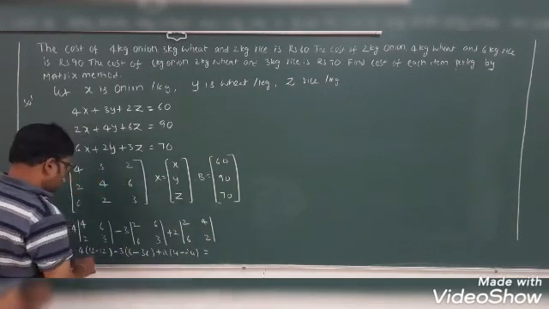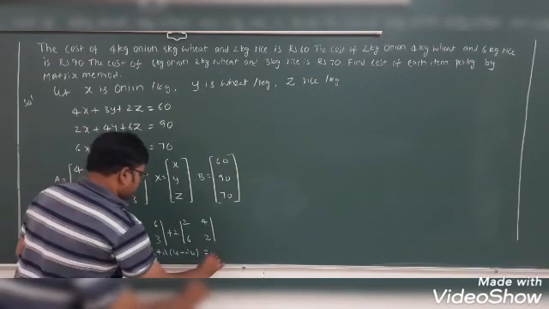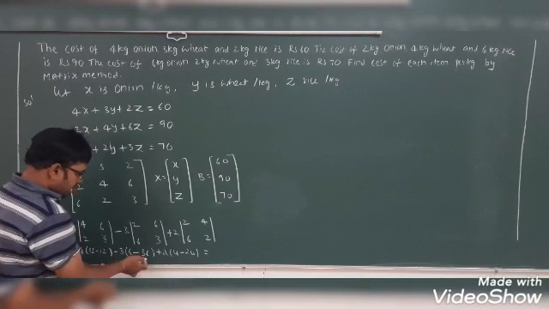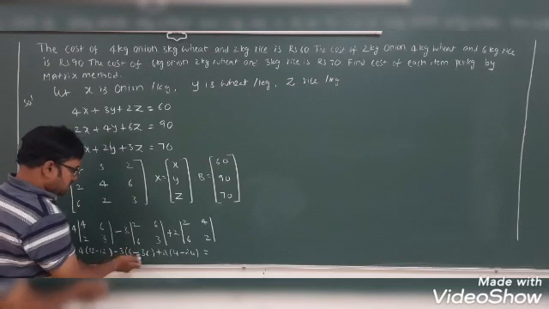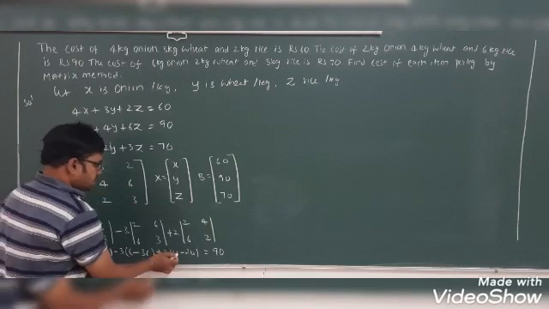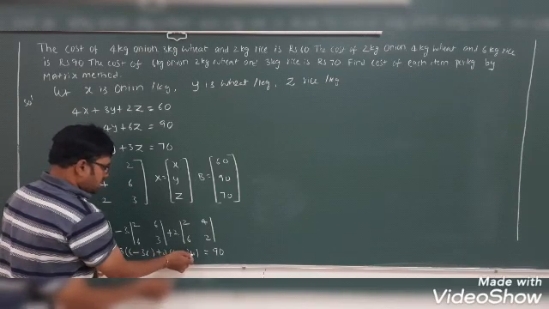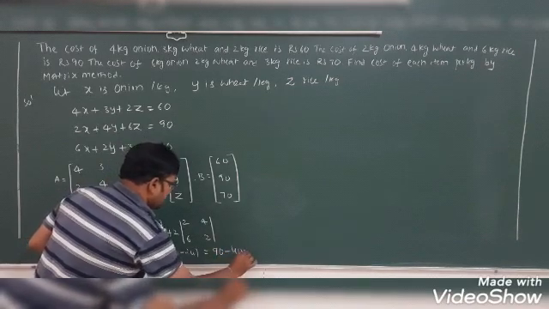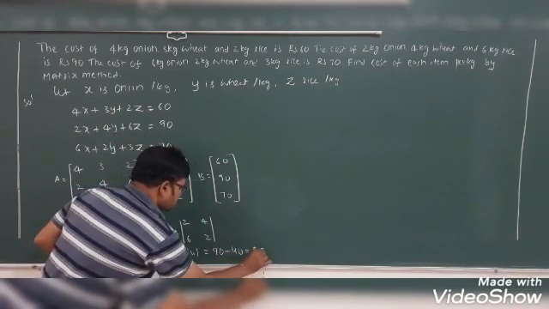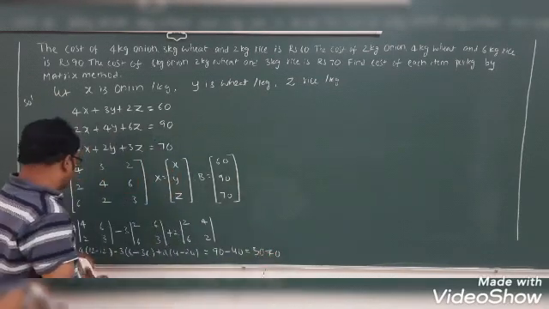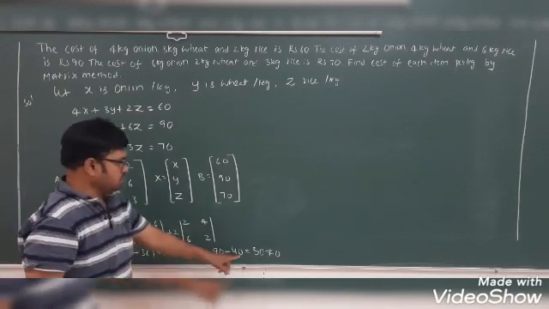So this value is equal to 0, and here minus 3 into minus 30, that is 90. Here 4 minus 24 value is minus 20, minus 20 into 2 is minus 40. So 90 minus 40 equal to 50. 50 is not equal to 0. So the det A value we got is equal to 50.